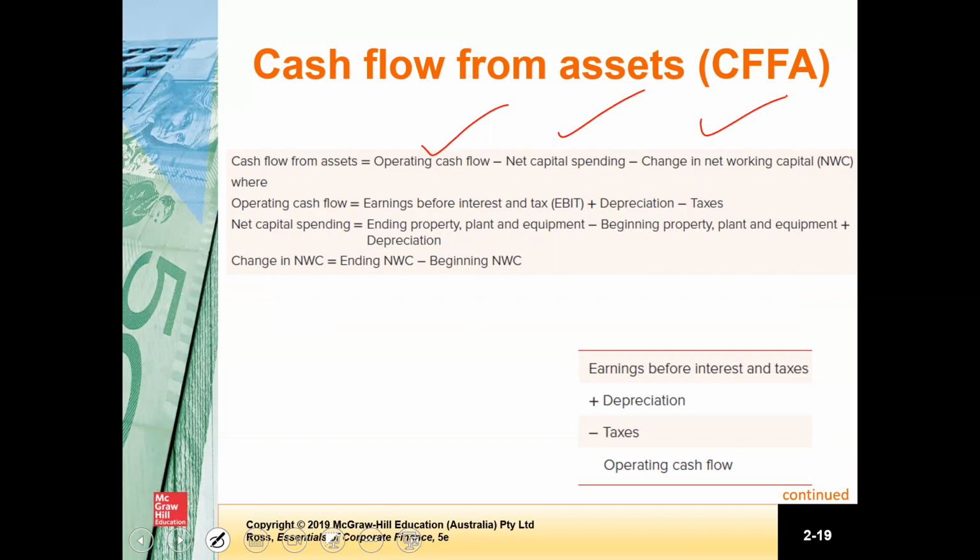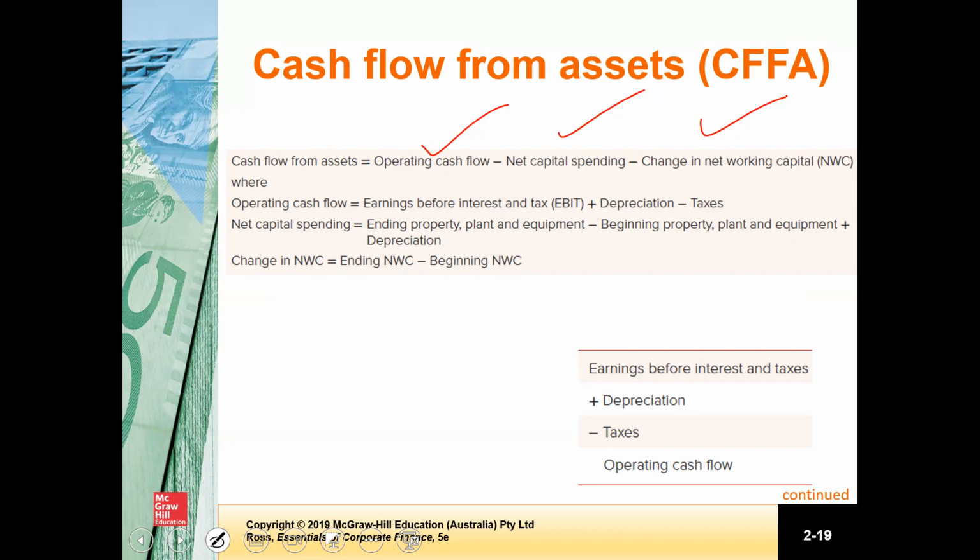Operating cash flow refers to the cash flow that results from the firm's day-to-day activities, for example, production and sales. Expenses associated with the firm's financing of its assets are not included in the operating cash flow. In a normal course of events, some portion of the firm's operating cash flow is reinvested in the firm.